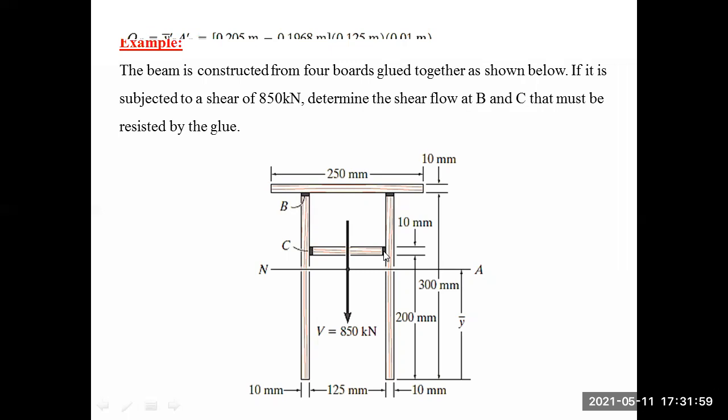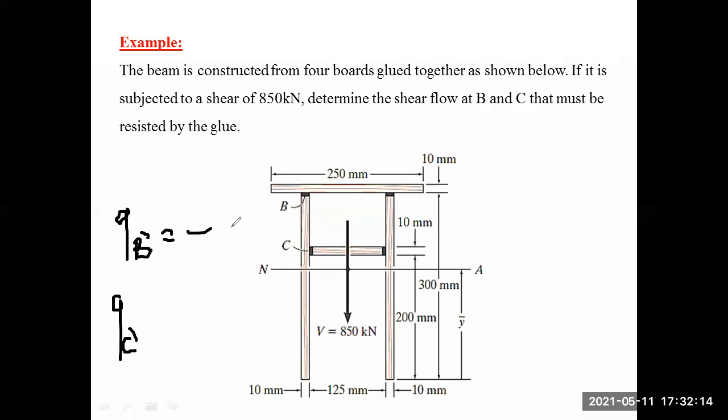The shear flow, what you got now of shear flow, which is QB prime, and QC prime, that we have just now calculated, we said is V times QB over the moment of inertia, and QC over I, moment of inertia about the neutral axis.